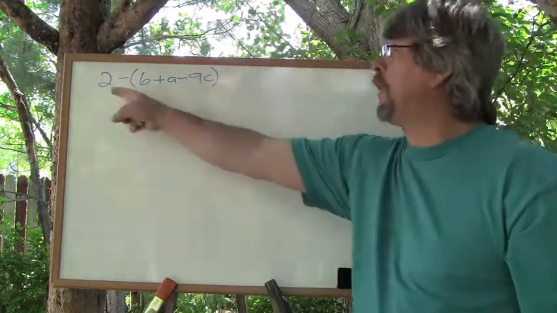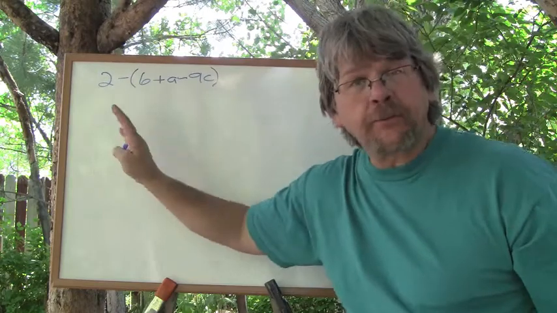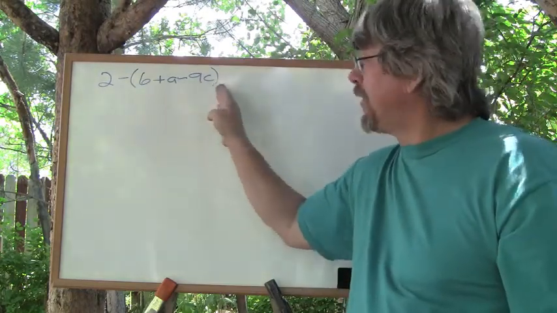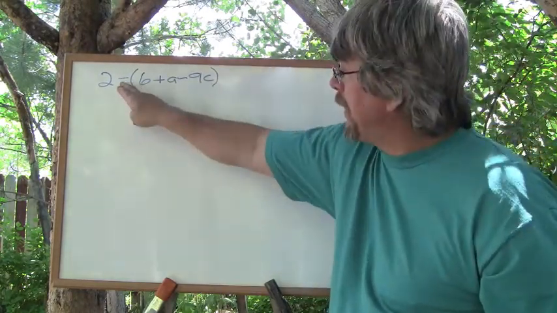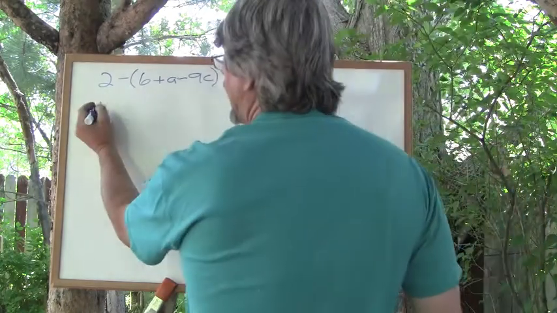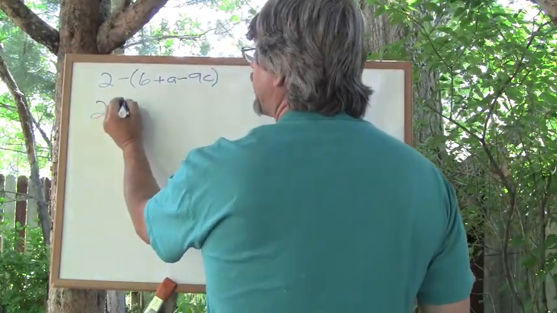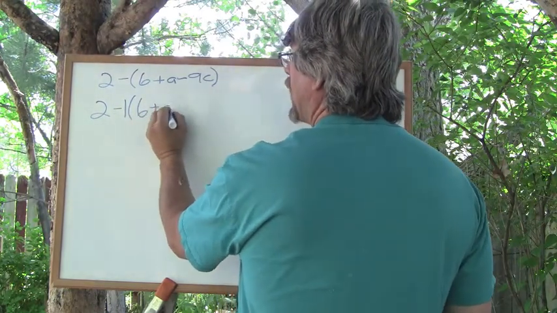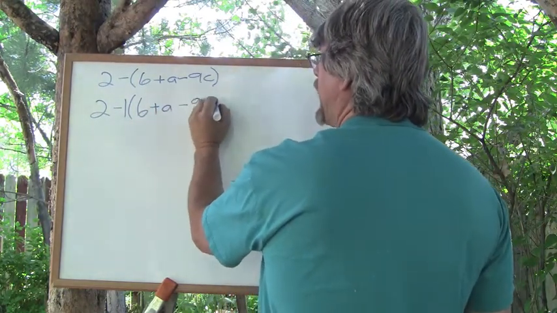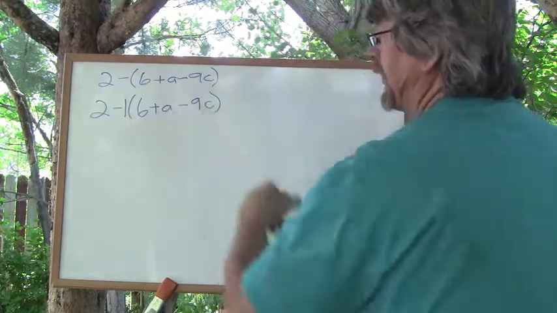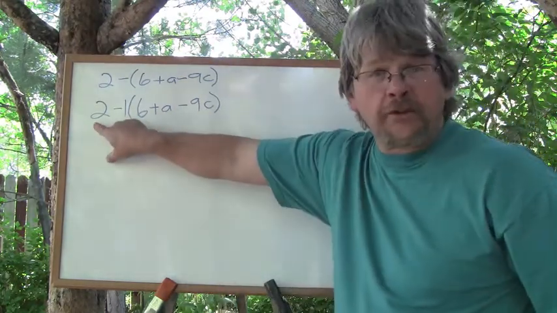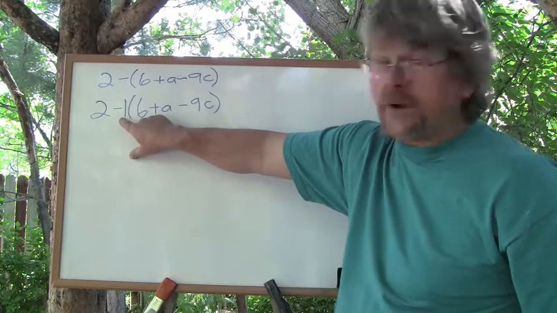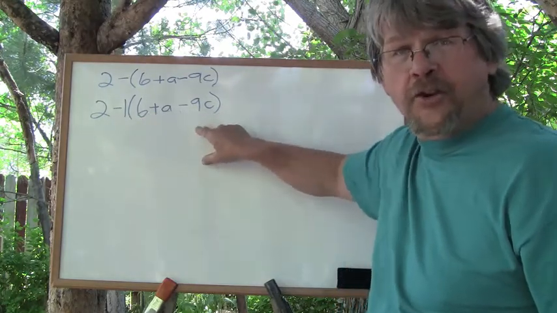Now we have a 2 out here, but we're still subtracting everything in this group, and there's a -1. This is in reality 2 minus 1 times 6 plus a minus 9c. That's what this is. We don't distribute the 2, but we do distribute that -1 into every term.